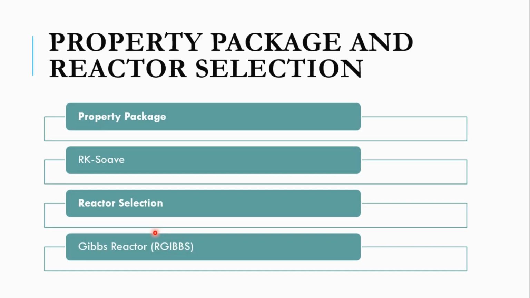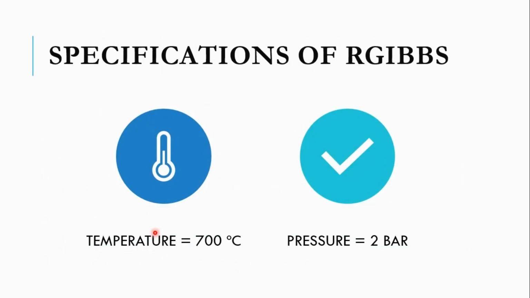Now let's see under what operating conditions these hydrocarbons are formed. The Gibbs reactor is operated at a temperature of 700 degrees Celsius and at a pressure of 2 bar. These conditions provide sufficient thermal energy for carbon and hydrogen to react and form a variety of hydrocarbon species.